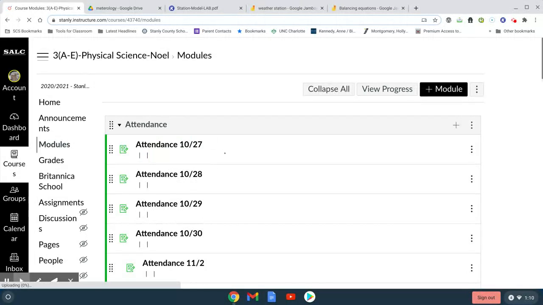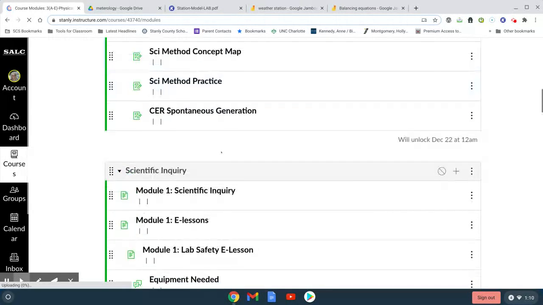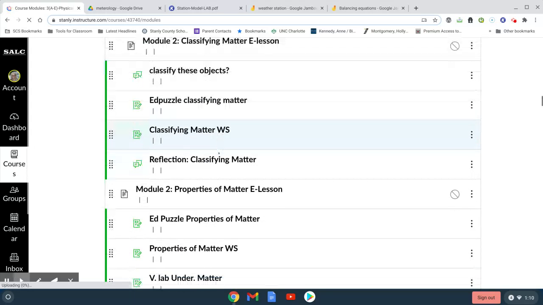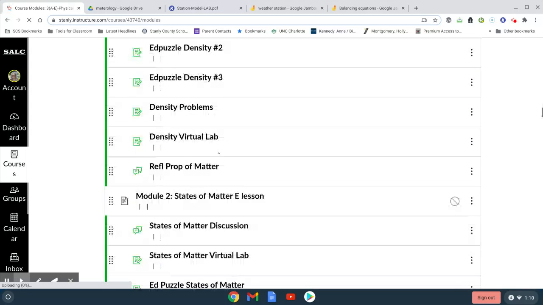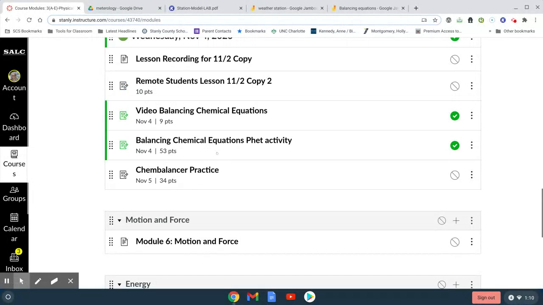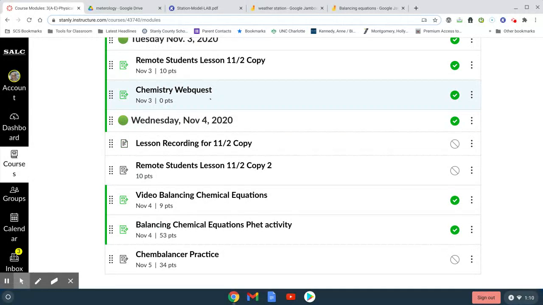Before we get into today's lesson, if you come down, you should have completed the chemistry web quest yesterday, where you would have seen some chemical reactions in action and filled in a chart. Very simple.